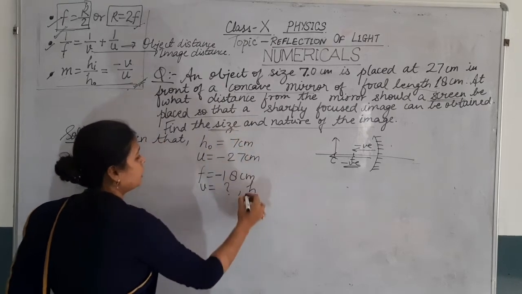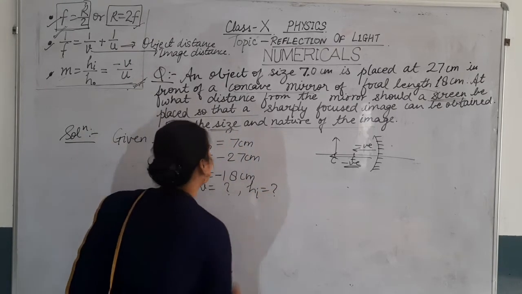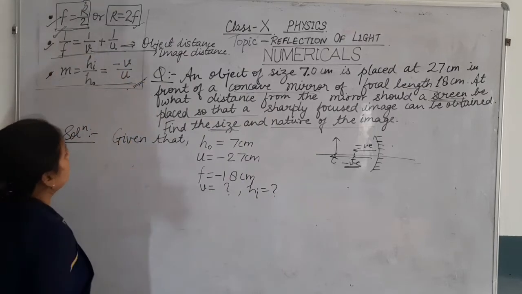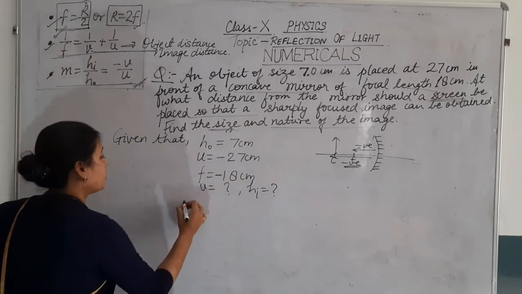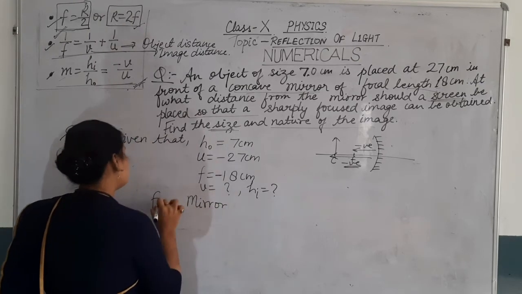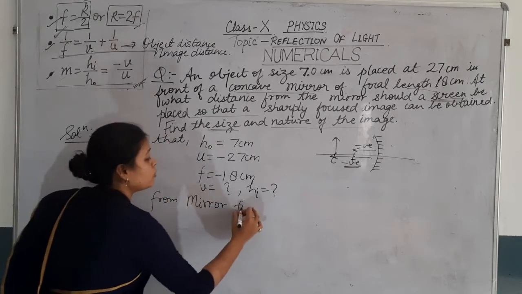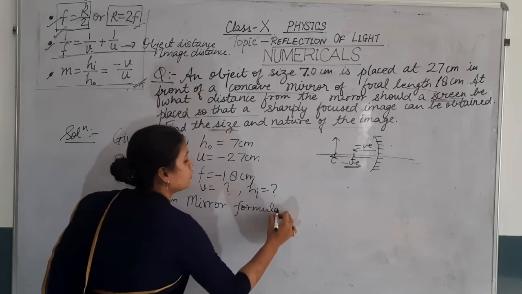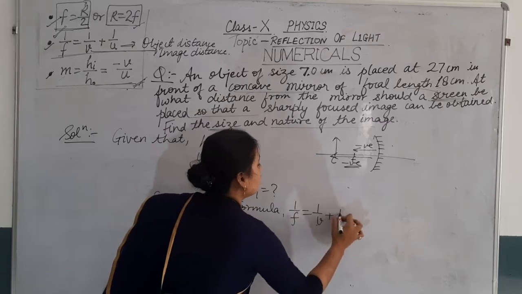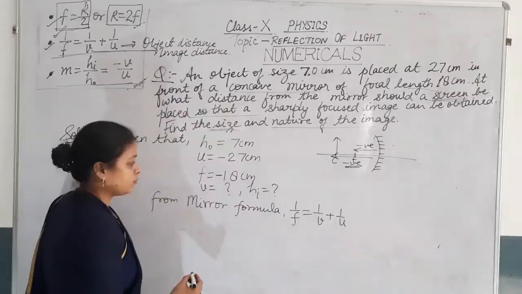So the size of the image, HI, we also have to find out. Using the mirror formula, 1 upon f is equal to 1 upon v plus 1 upon u.